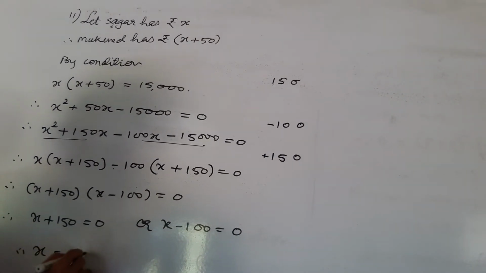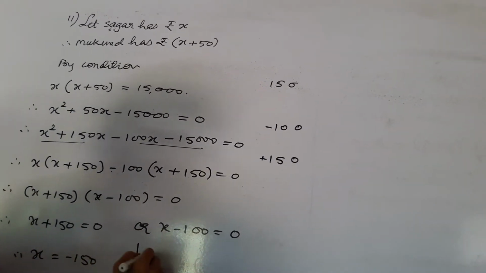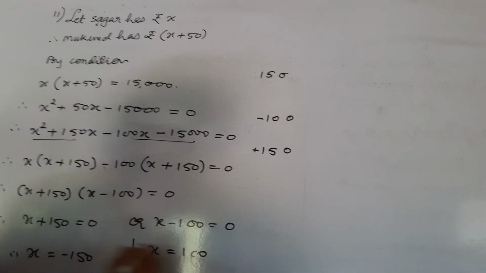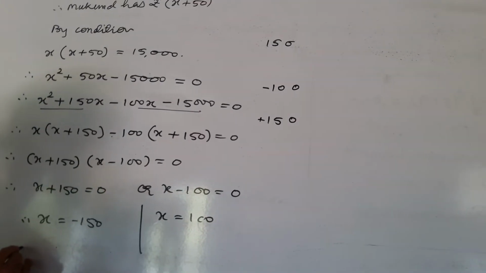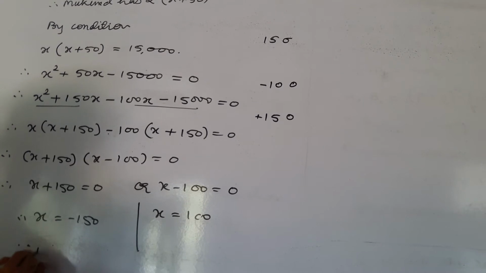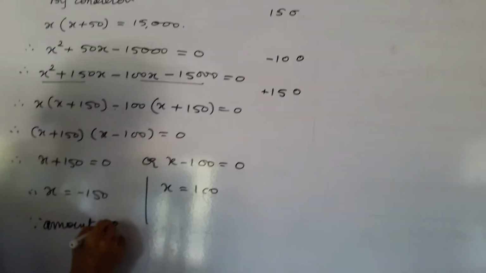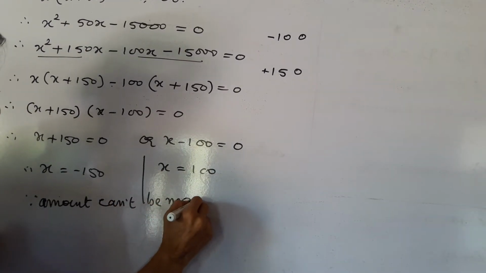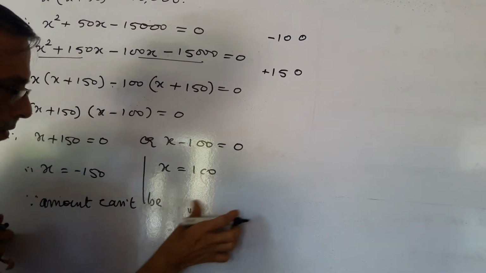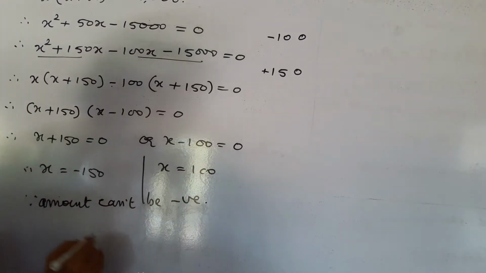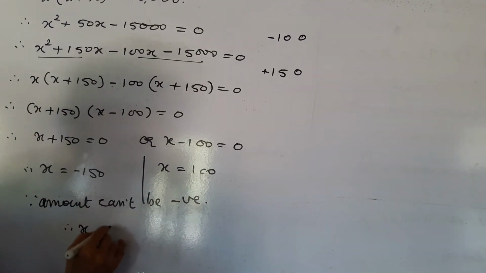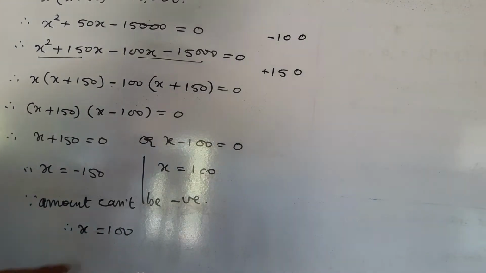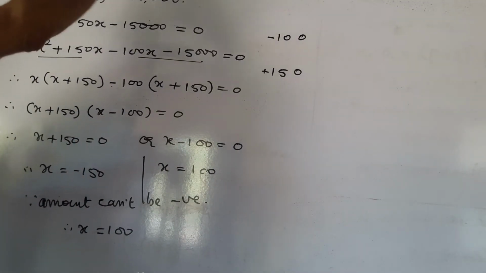equal to minus 150 or x equal to 100, but the amount cannot be negative. Therefore, x equal to 100. But we have to write the answer now. So x equal to 100, but x is Sagar's amount.